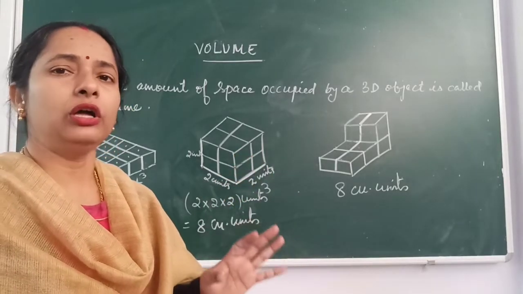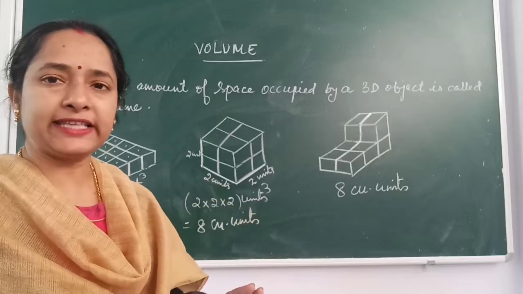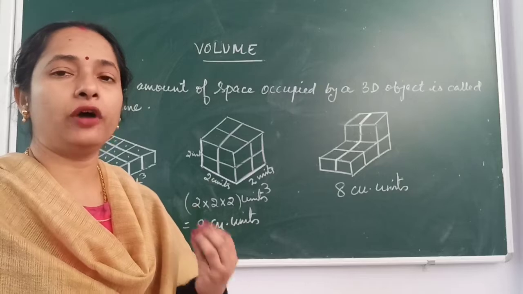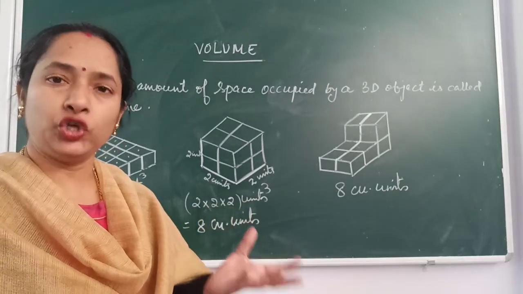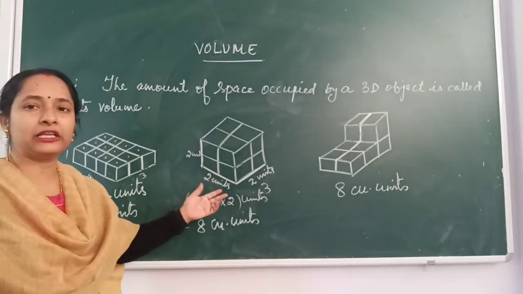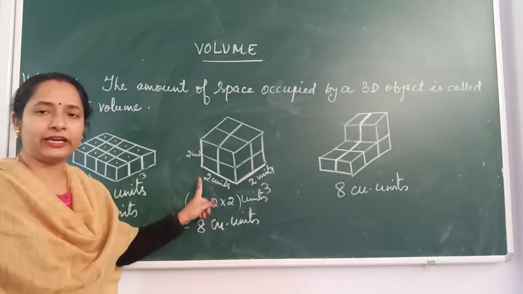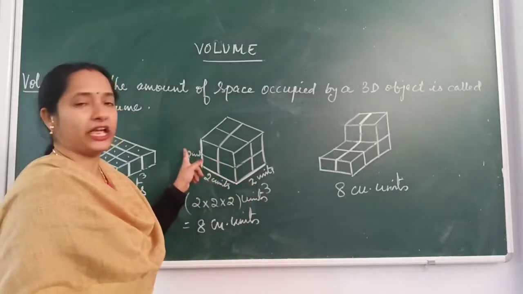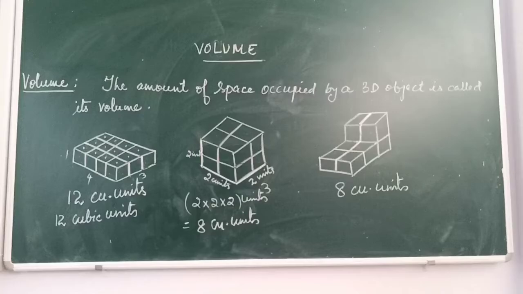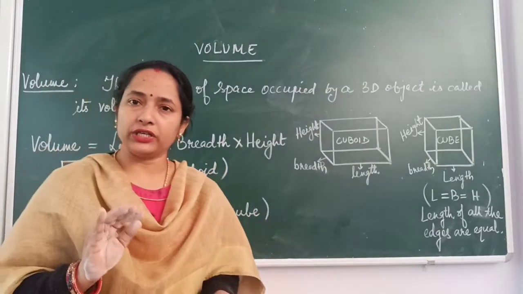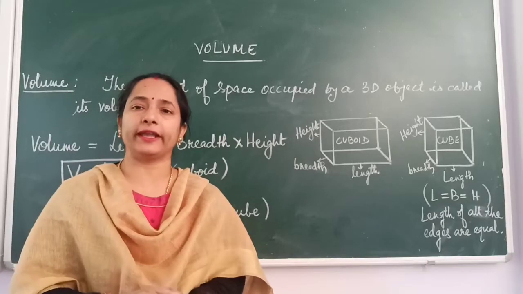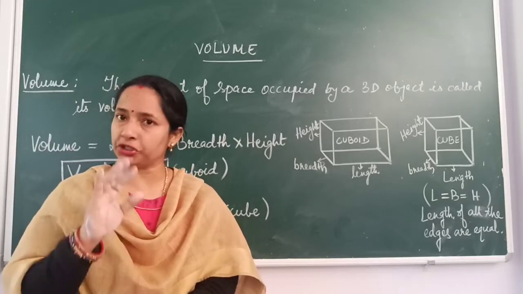So basically in your exercise sums you will go for finding the volume of cubes and cuboids, where it becomes very easy simply by multiplying the units along the length, breadth and height. So children, now you understood how to find the volume of a cube, a cuboid or any solid shape by dividing it into unit cubes.